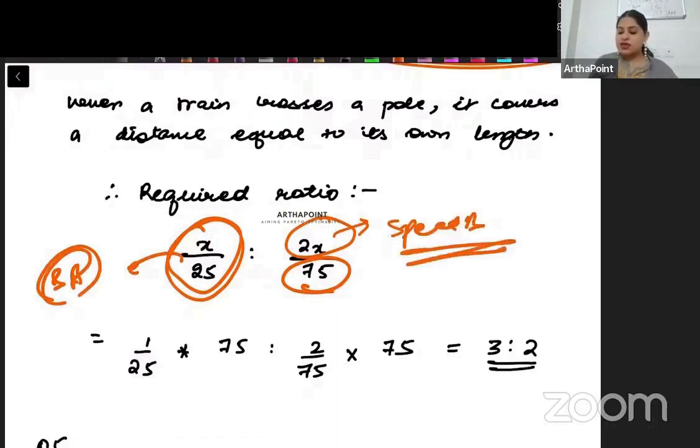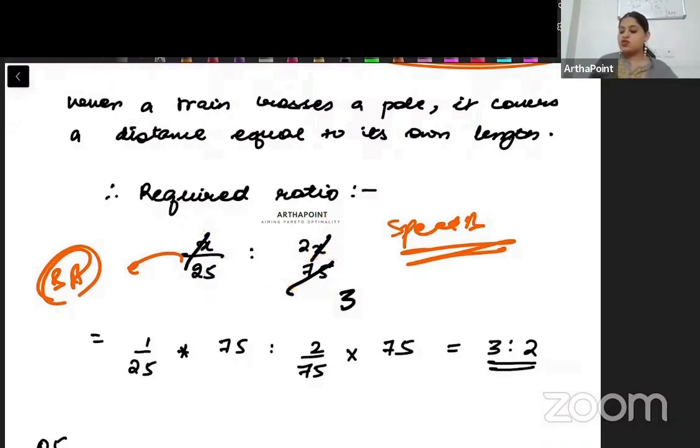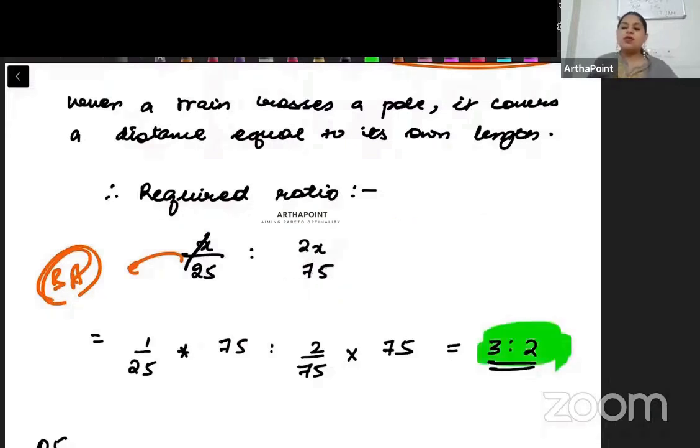This will be 3s are 25, 3s are 75. x and x will get cancelled. So ratio can be easily found out as 3:2. So the ratio that you will get will be 3:2. That will be the answer to your question. That's the required ratio. I hope this is making sense.